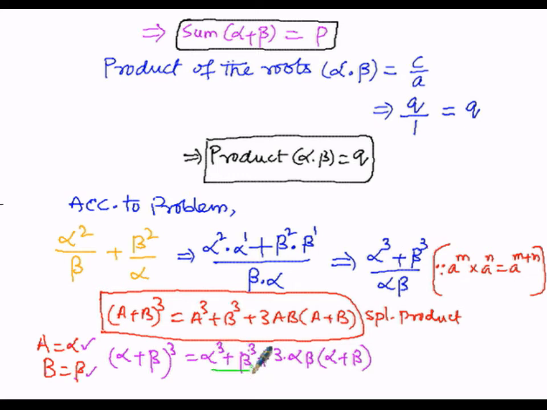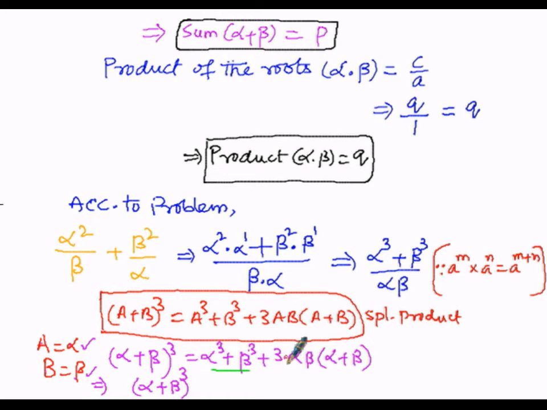So except this term, it must be sent to the left hand side. So we will be getting, that implies, alpha plus beta whole cube, when this plus of 3 alpha beta into alpha plus beta, this total is one term.